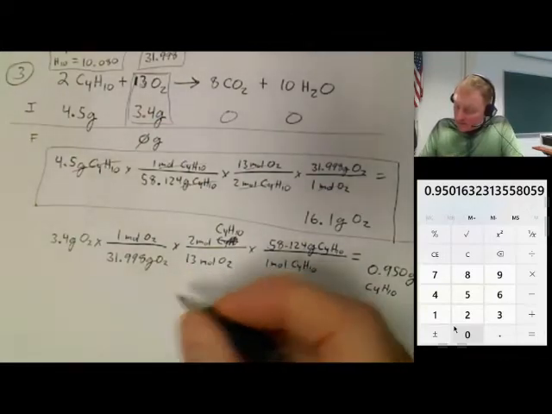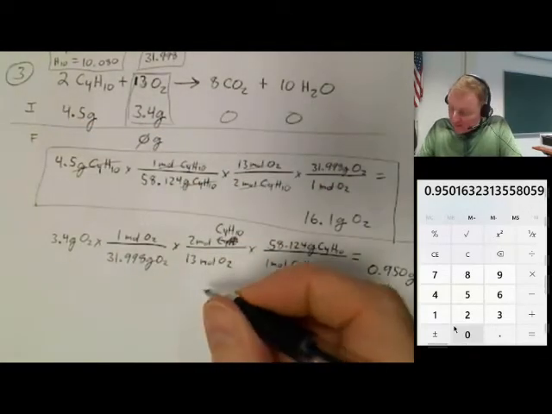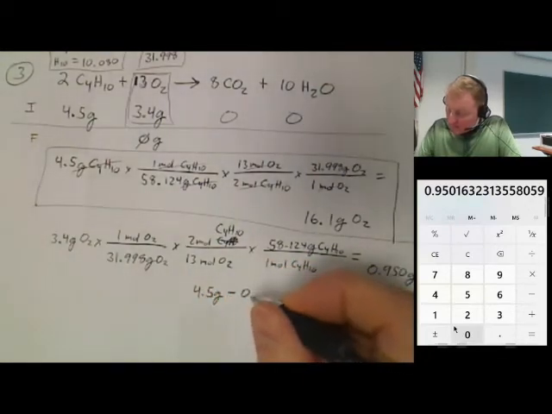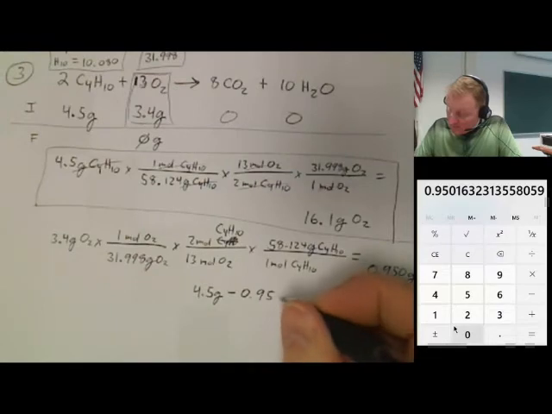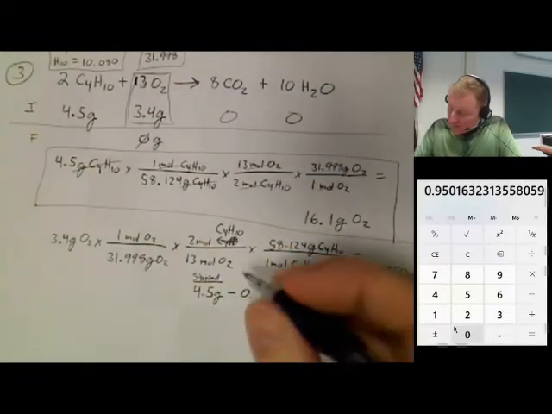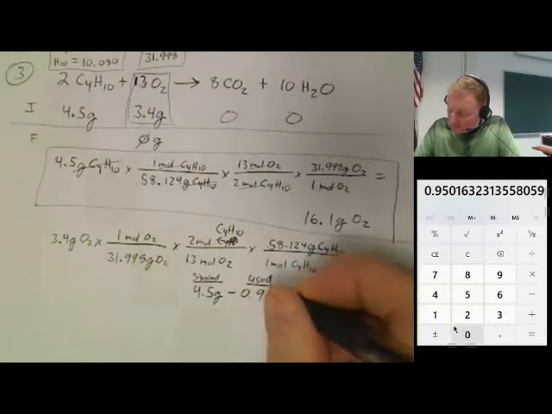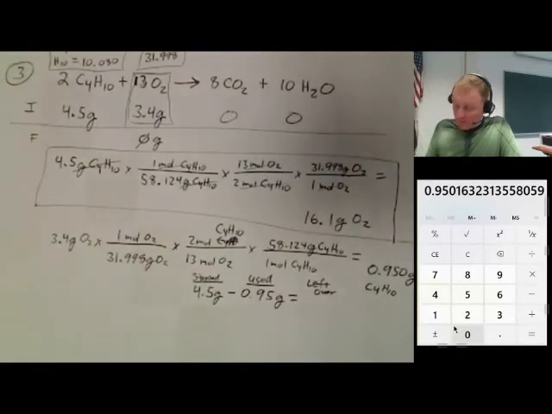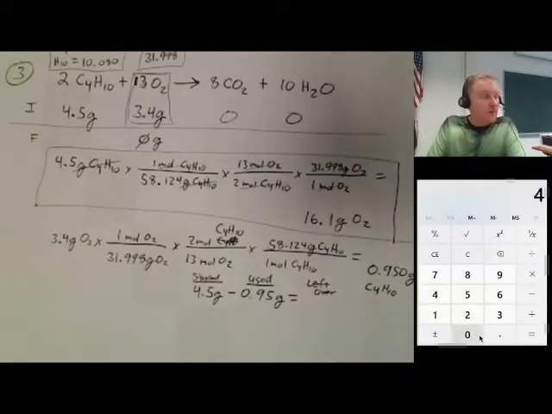So if I take what I have, 4.5 grams of butane minus 0.95 grams used, so this is what we started with, and this is what we used. This is what will be left over, will be 4.5 minus 0.95.